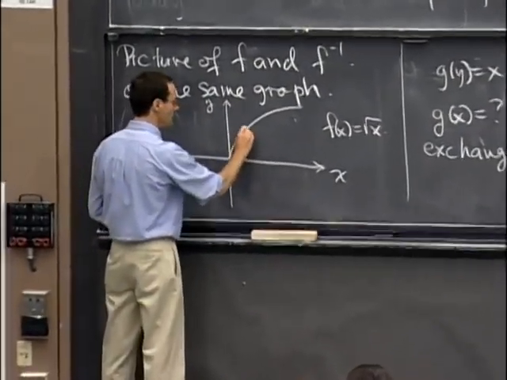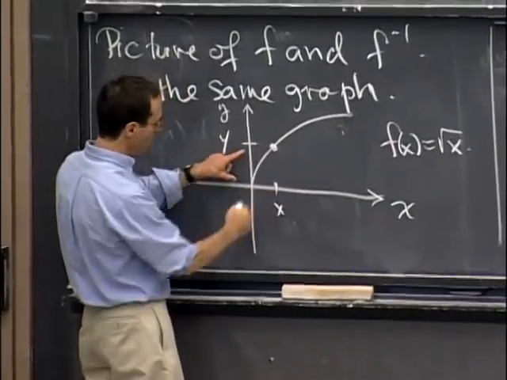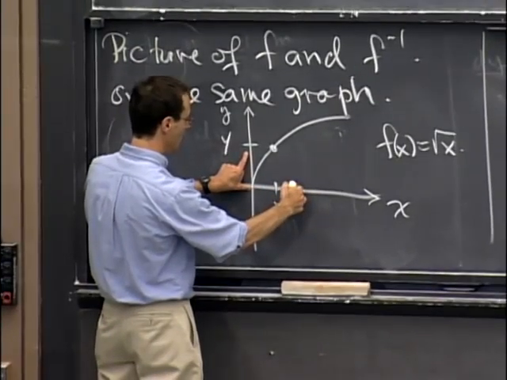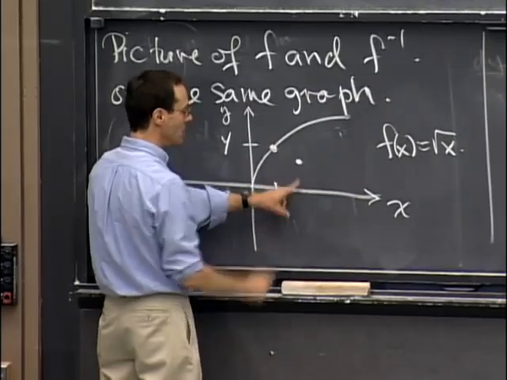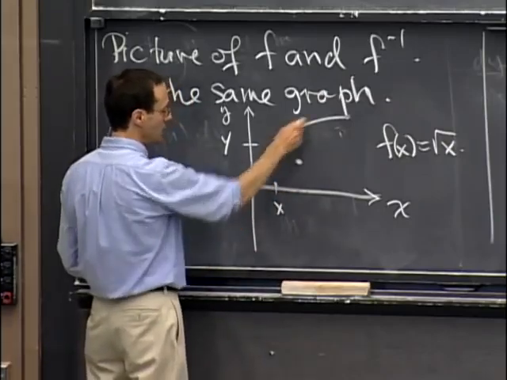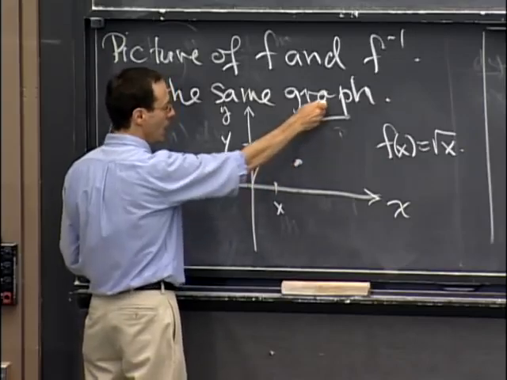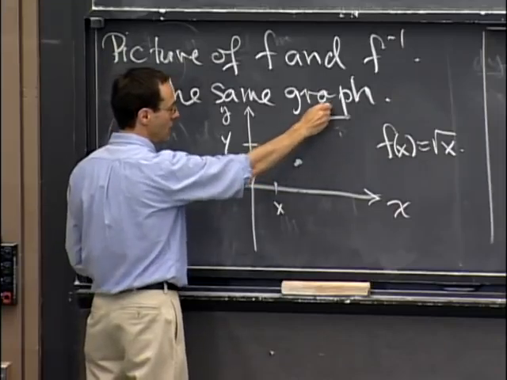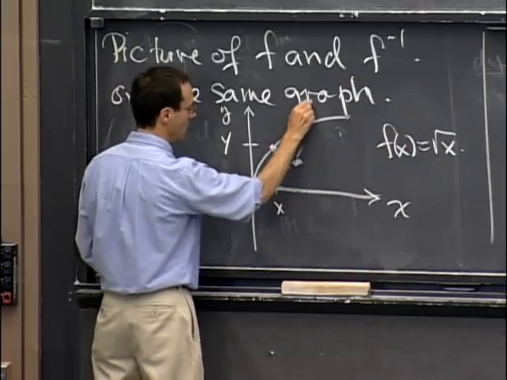Suppose you have a place here, and this is the x, and this is the y. Then you want to trade them. So you want the y here, and the x up there. So it's this sort of opposite place over there. And that is the place which is directly opposite this point across the diagonal line x equals y. So you reflect across this, or you flip across that, and you get this other shape that looks like this.